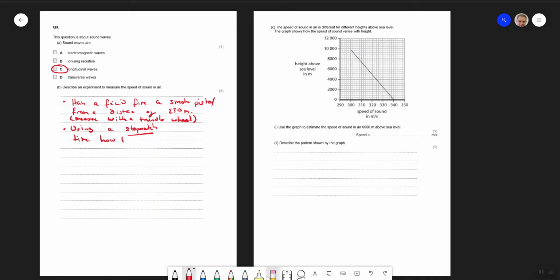I've changed it slightly, so start timing when you see smoke, stop when you hear sound. Okay, so using a stopwatch, start timing when you see smoke, stop when you hear sound.